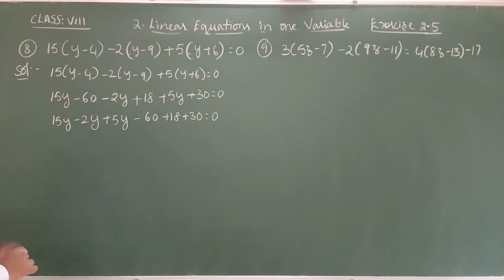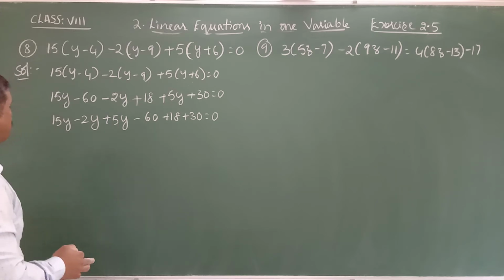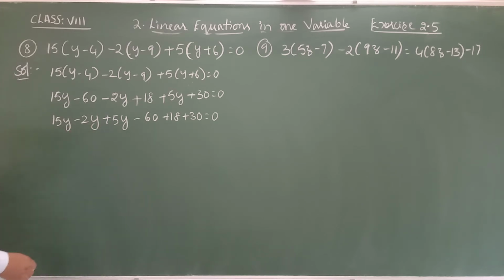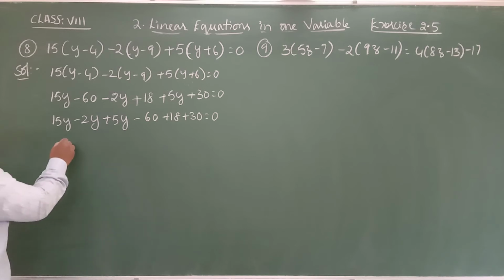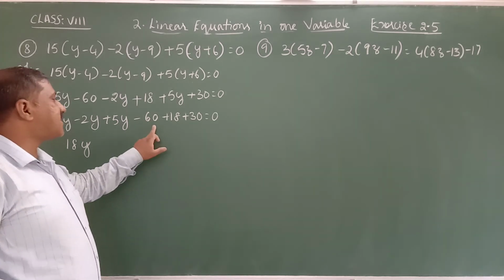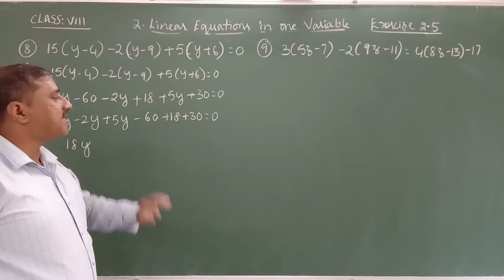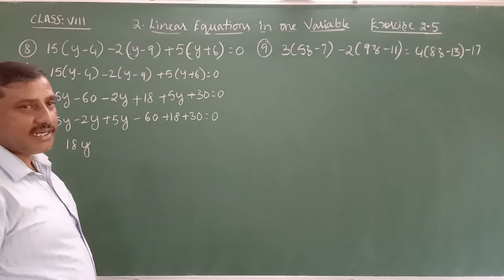Now we will simplify. 15y and plus 5y are both positive, so 15y plus 5y is 20y, minus 2y is what? 18y. Or 15 minus 2 is 13, 13 plus 5 is 18, 18y. Similarly, minus 60 plus 30 gives minus 30, minus 30 plus 18 gives minus 12.